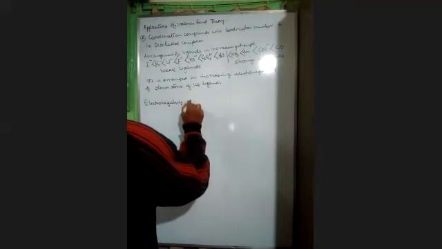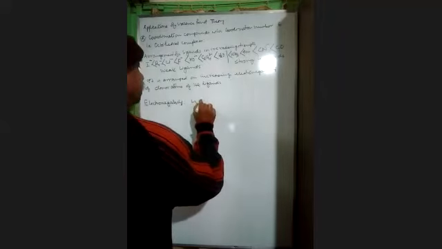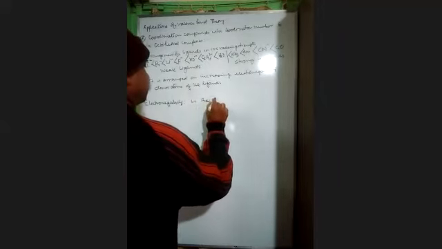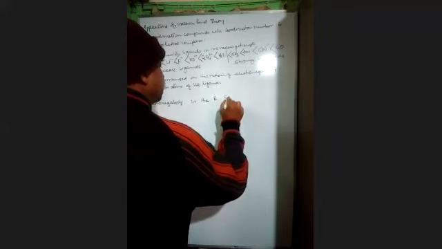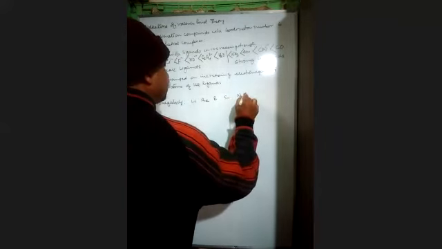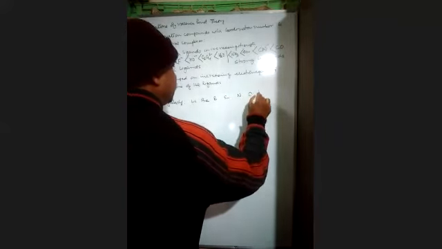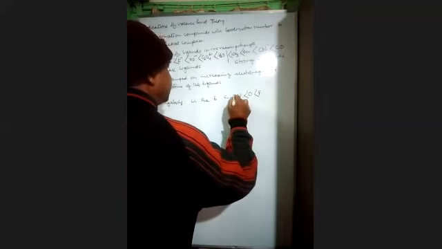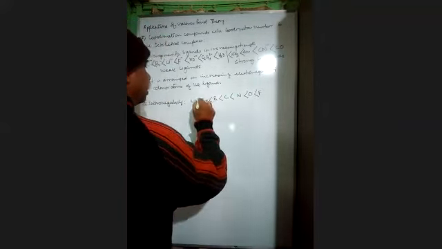Lithium, then beryllium, then boron, then carbon, then nitrogen, then oxygen, then fluorine. Is it not like this? Electronegativity is like this. Of course, here I put fluorine, chlorine, bromine, iodine, that is something else.